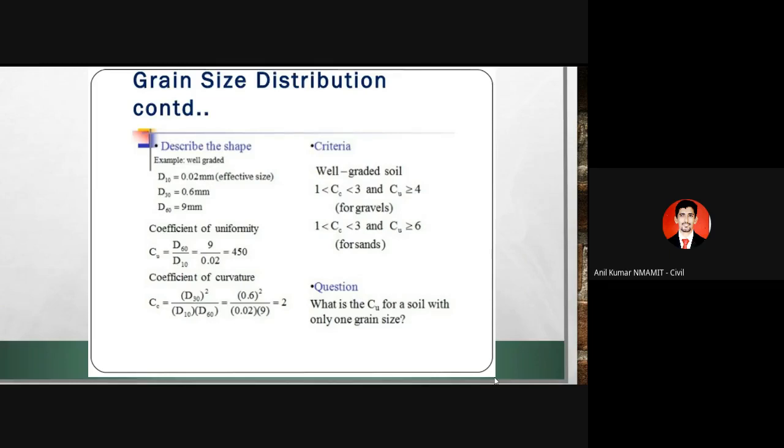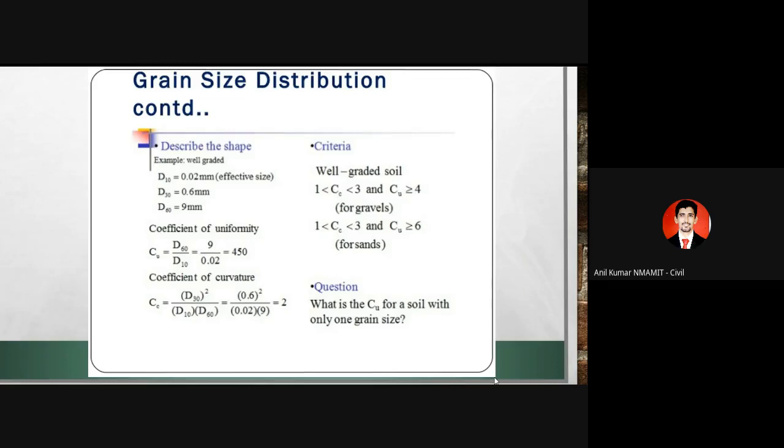So the first one I am using for a well graded soil sample, where my Cc value should be between 1 and 3 and Cu should be greater than or equal to 4. Similarly, if it is a sandy soil sample, then your Cc value is the same for both. The only change is your Cu value should be greater than 6.